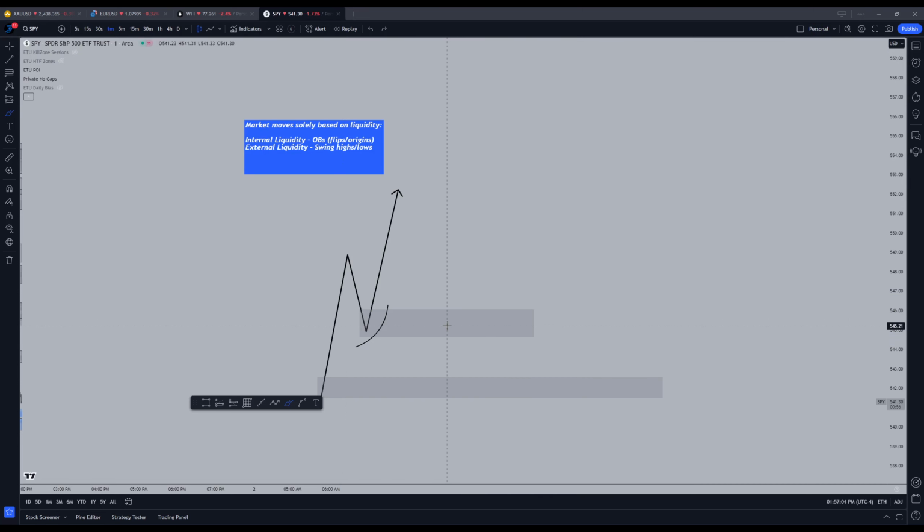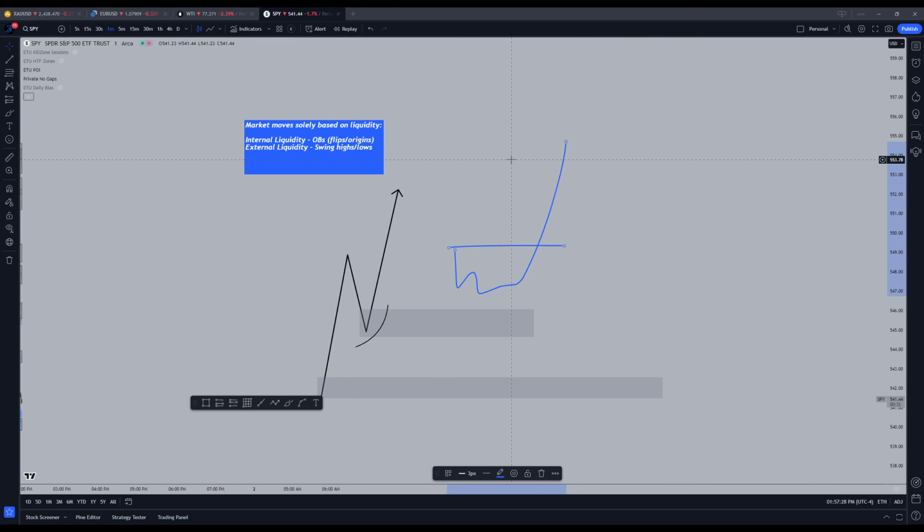Indicators are purely reactive. So regardless of what type of indicator you see, majority like EMAs, VWAP, SMAs, all these are reactive indicators that give you a signal when price is creating a reaction, but they cannot predict the market, right? They cannot filter out bad zones and good zones.